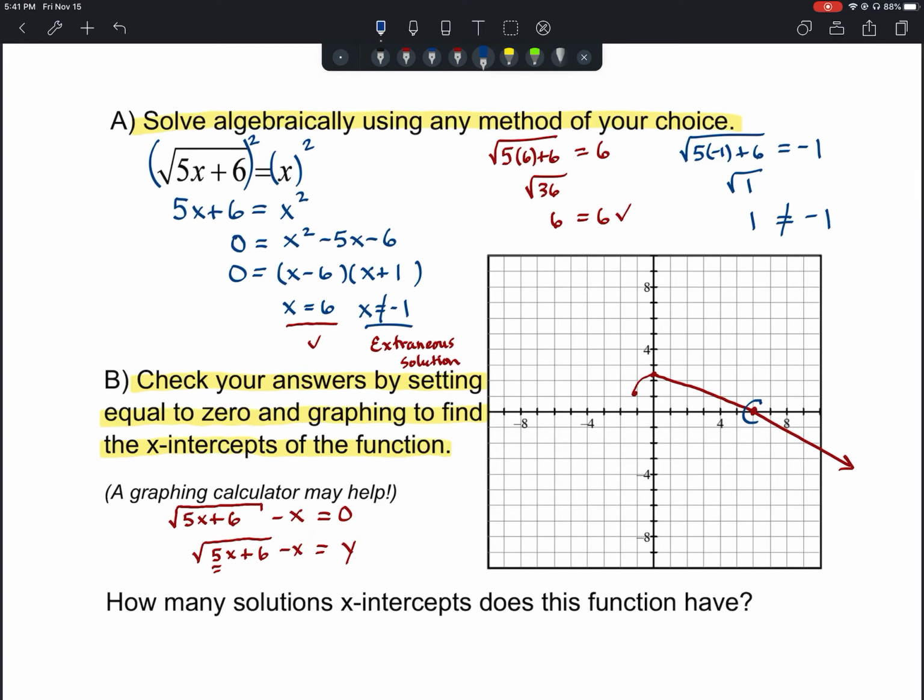Now, this one was asking us to look at the x-intercept, and our x-intercept was 6, 0, that was our x and our y. And remember, our solution up here was x equals 6. So in answering the question below, how many solutions or x-intercepts does this function have, it has one solution because it has one x-intercept.